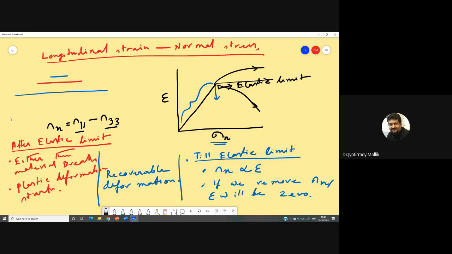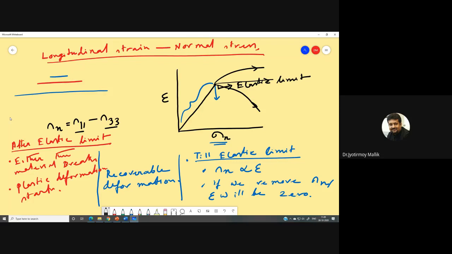So it's important to understand what the elastic limit is. It is the limit of that material where sigma n and epsilon vary in a linear relationship, and if we remove sigma n, epsilon becomes zero. That means it's a completely recoverable deformation, and this is what we call the elastic limit.